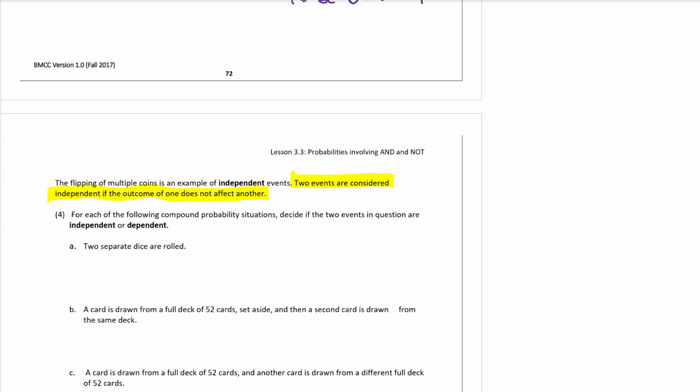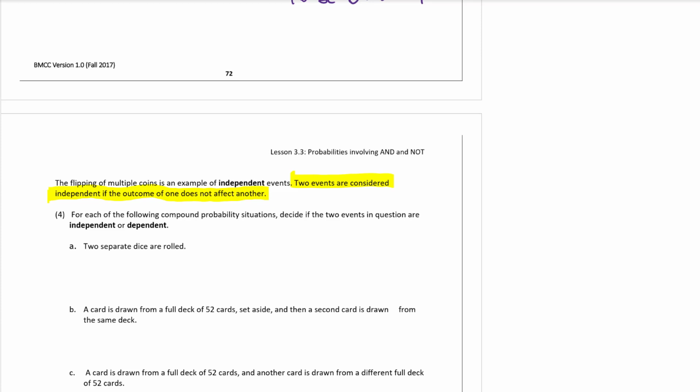If one of the siblings is a boy, and then another kid comes along, is the probability that the biological gender of that next sibling is going to be a boy or girl in any way related to the gender of the other sibling? No, because this event is independent of anything that has happened before. It doesn't influence it.